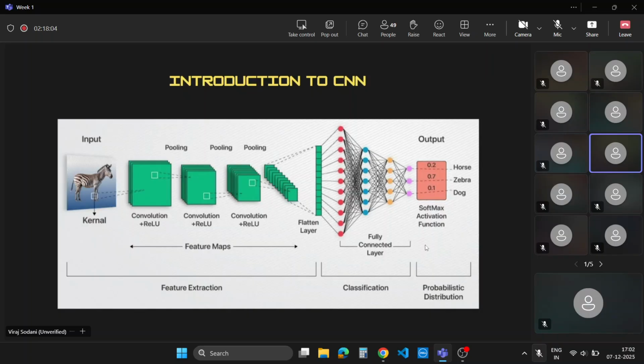Now, like you had seen in the previous OpenCV session, there are images with many pixels. If you have a 32 cross 32 image, it's 1024 pixels in total. If for each pixel I represent a matrix consisting of the RGB values, you have 1024 into 3, the total number of parameters you'll be dealing with.